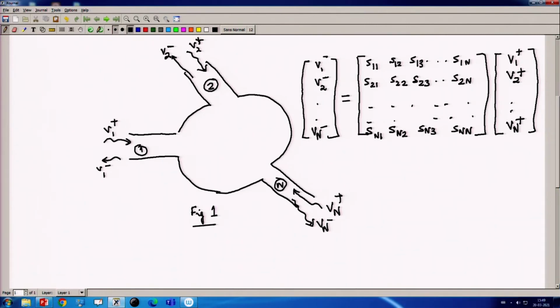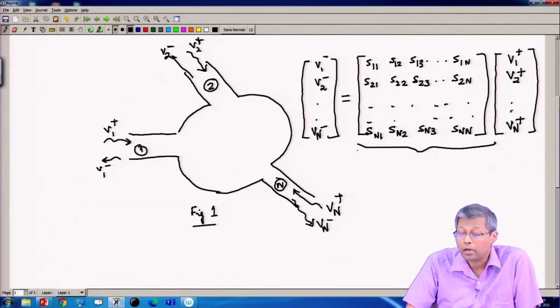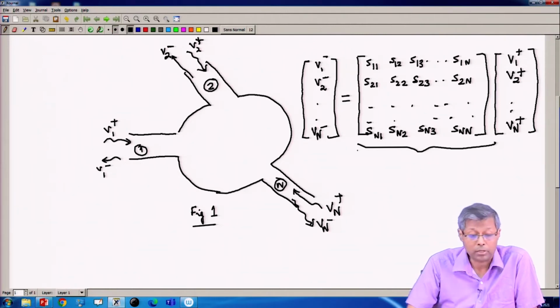Now, we attempt to find out the properties of such a scattering matrix. What are the relationships between the elements of the scattering matrix? Towards this end, we first develop the formulation.